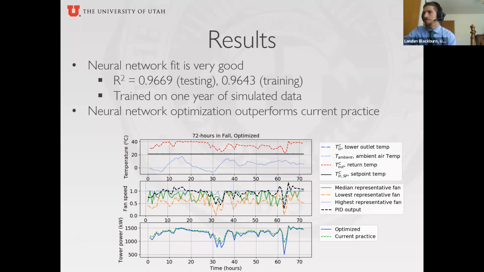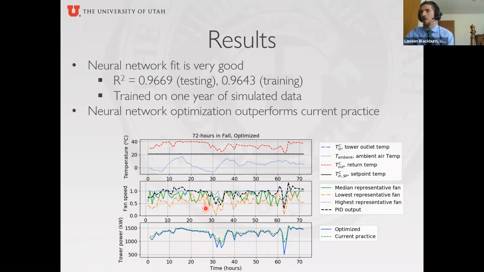So here's a 70-hour snapshot of this algorithm actually in closed loop control, controlling the simulated cooling tower. In this middle graph, this black dashed line is your PID, which you mentioned is still doing its normal thing, controlling the temperature. But we have 3 different fans here just to keep this from getting too busy.